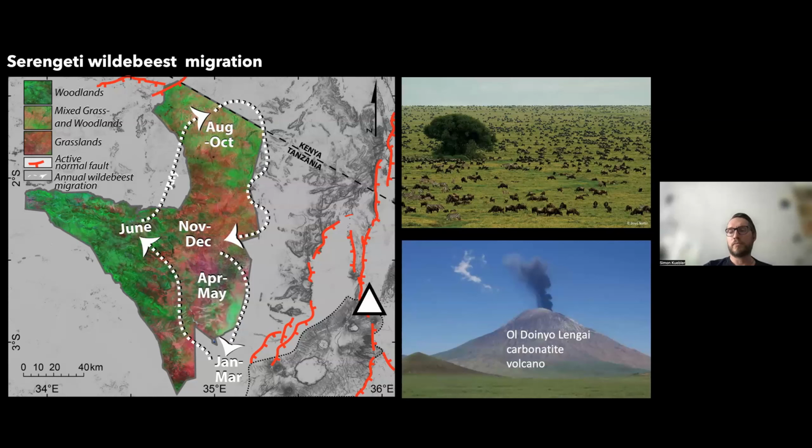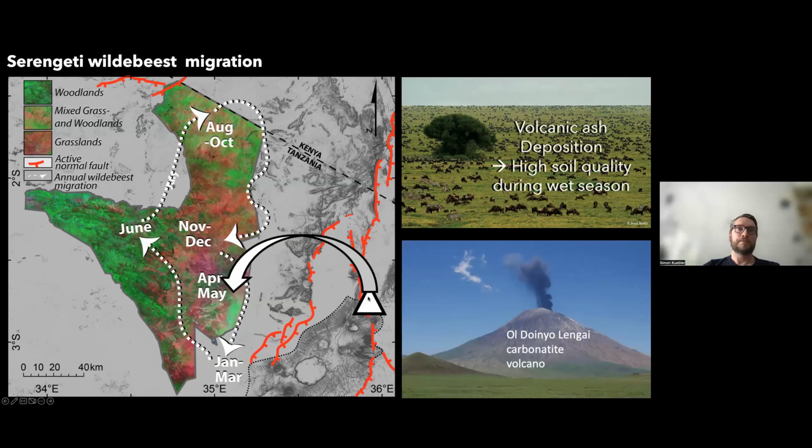It's a pretty unique volcano, the only active carbonatite volcano in the world that has a very particular composition of lava, very high in sodium, potassium, calcium, and magnesium. And as it erupts, it transports lots of ash towards the southeastern sector of the Serengeti.